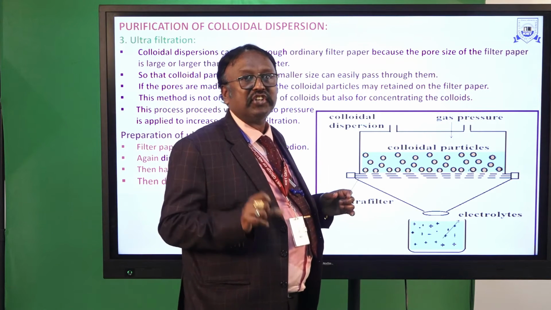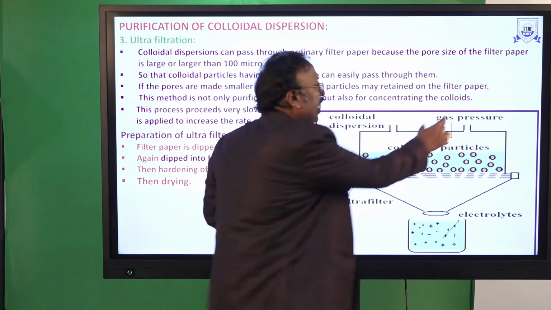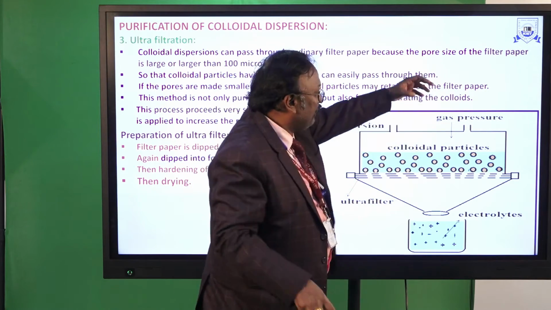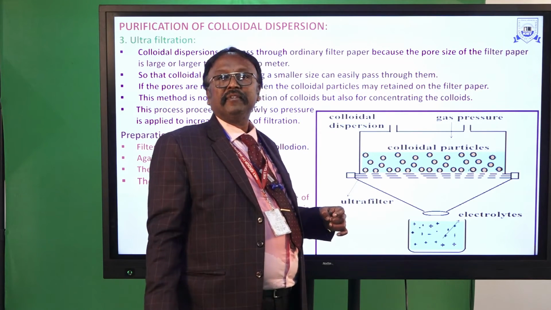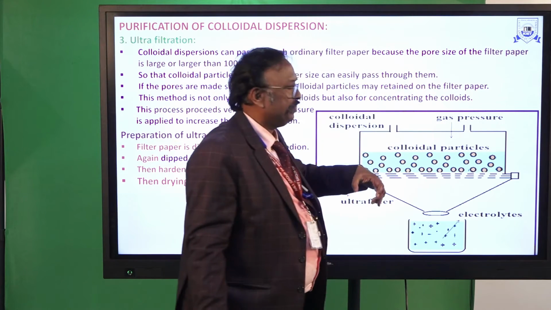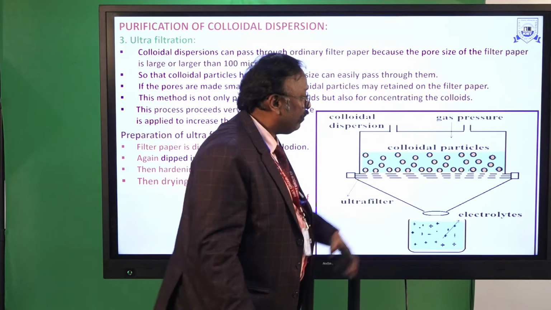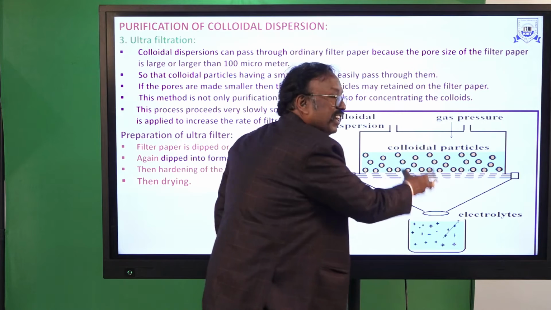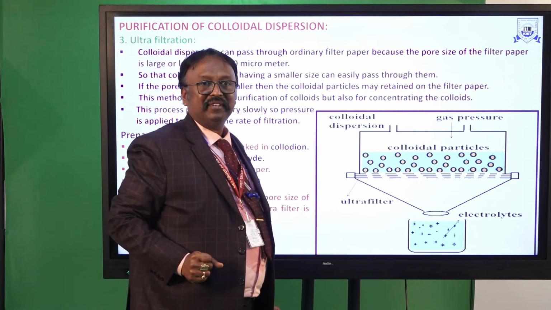The rate of filtration is very slow, so we can apply some gas or pressure from the top. When pressure is applied from the top, what happens? Through these ultra filters, the filtration rate is fast.